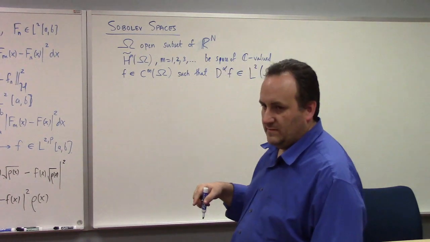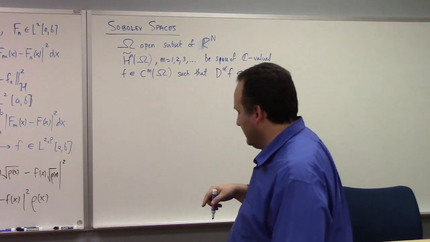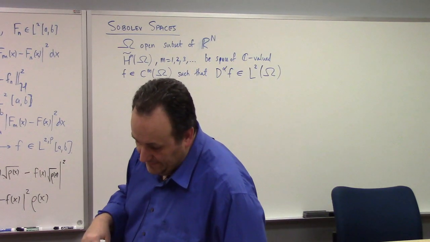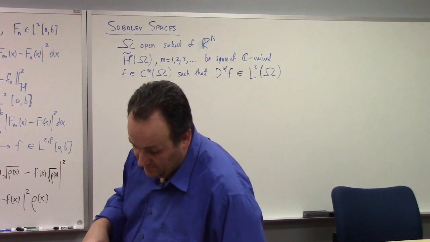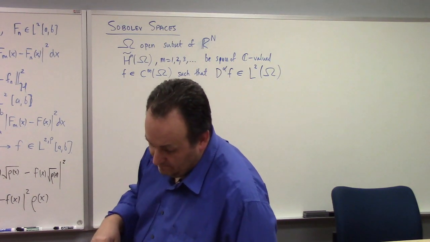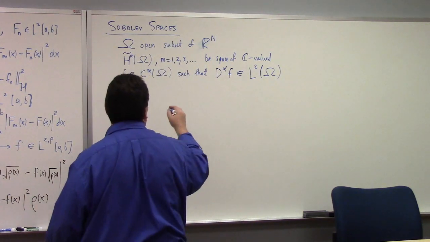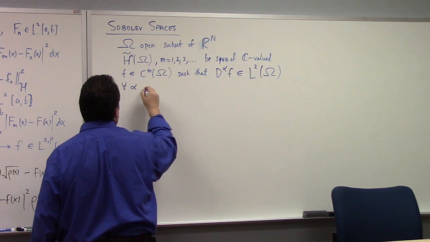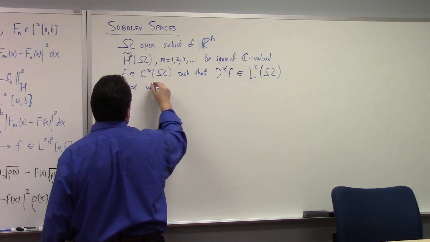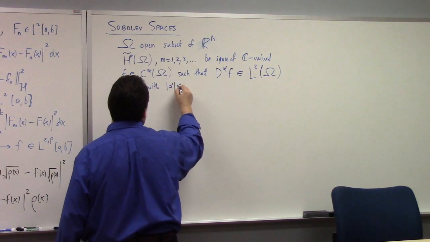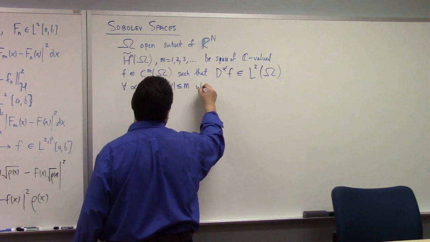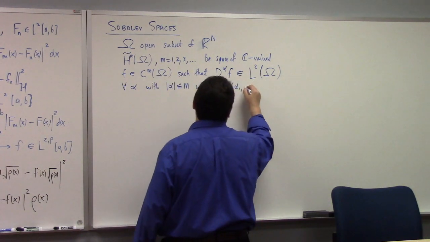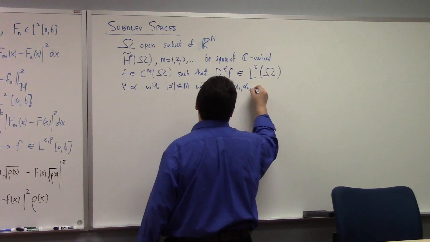So the multivariate, multi-dimensional integrable functions. And here, this is a very slick notation. Here, alpha is a multi-index. So it's for all alpha with the order of alpha less than or equal to m, where alpha is equal to alpha 1, alpha 2, dot dot dot.